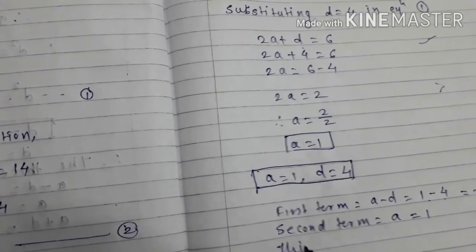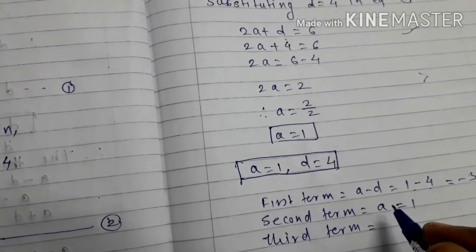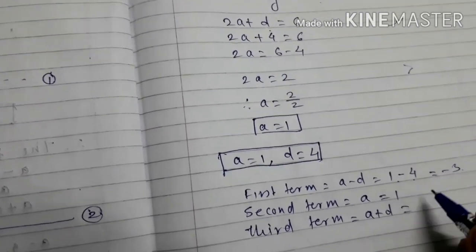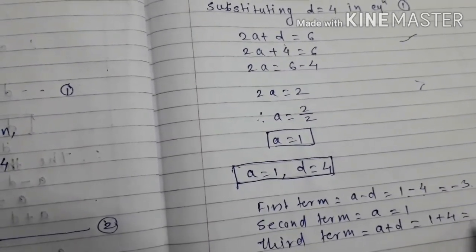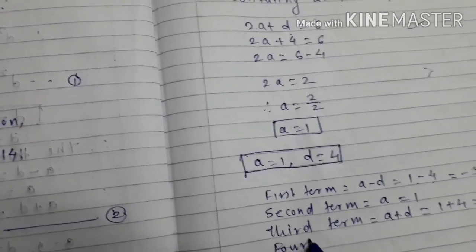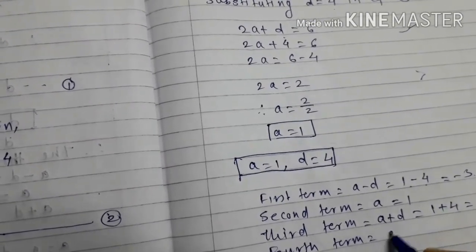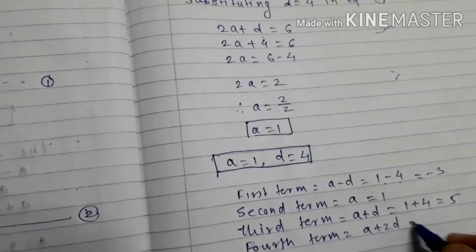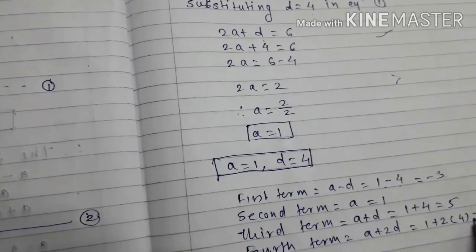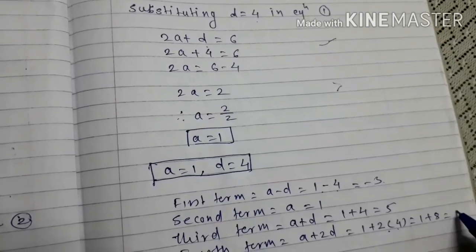Third term is a plus d, a is 1, d is 4, is equal to 5. Fourth term is a plus 2d, a is 1 plus 2 into 4, 2 into 4 is 8, is equal to 9.